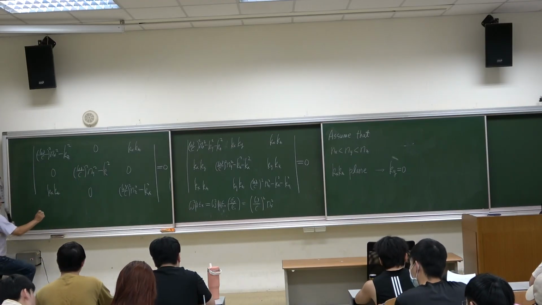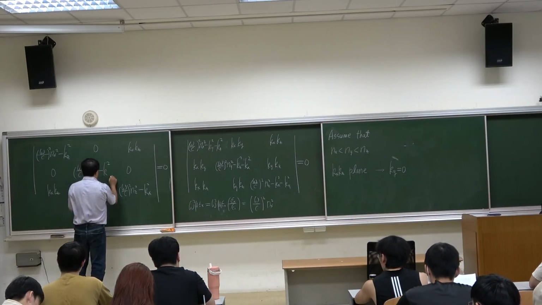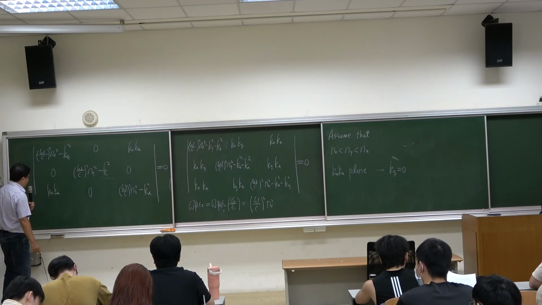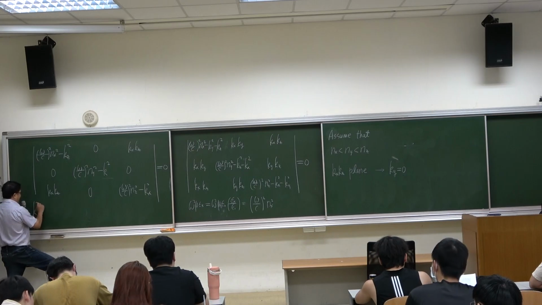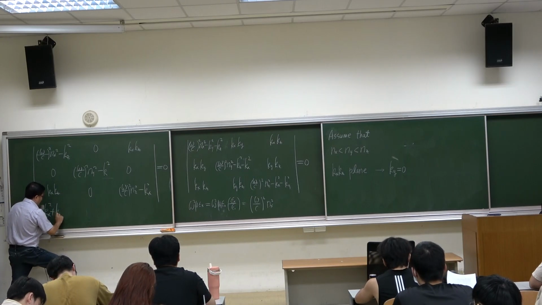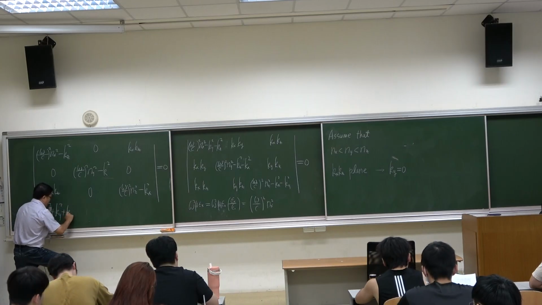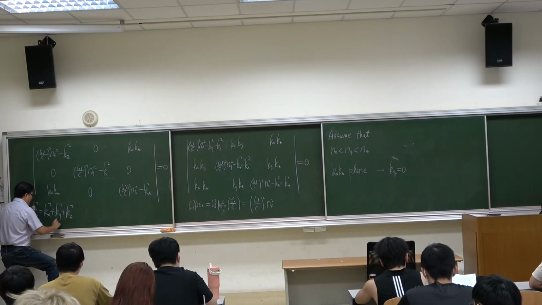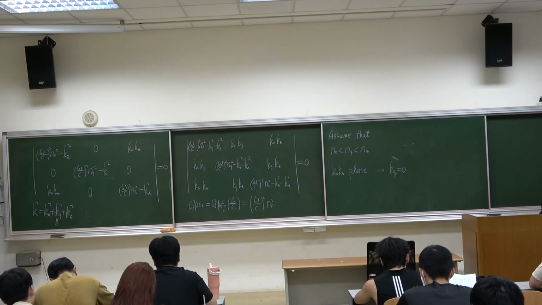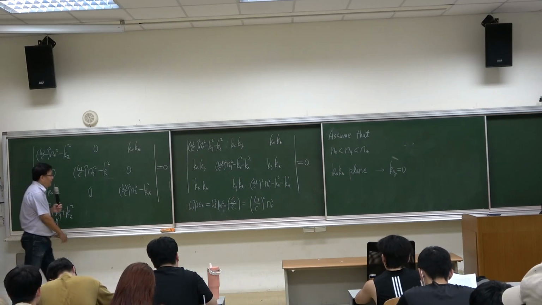Here I write the summation of kx squared and kz squared as k squared because now ky is equal to 0. Originally we have k squared equal to kx squared plus ky squared plus kz squared. But now ky is equal to 0, so the summation of kx squared and kz squared becomes k squared. Okay?